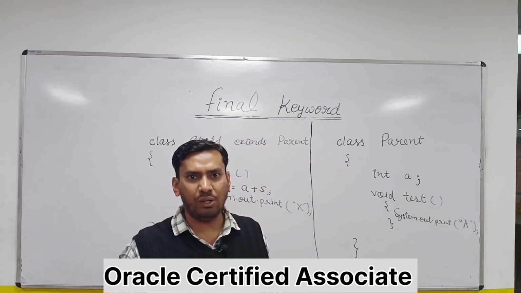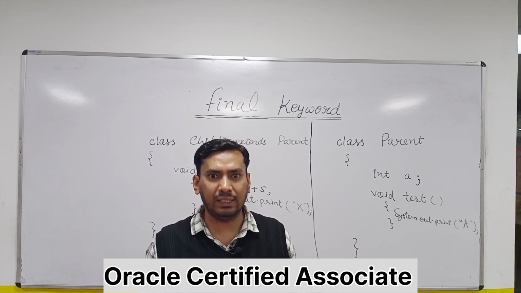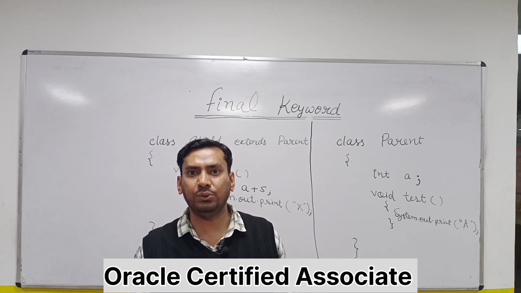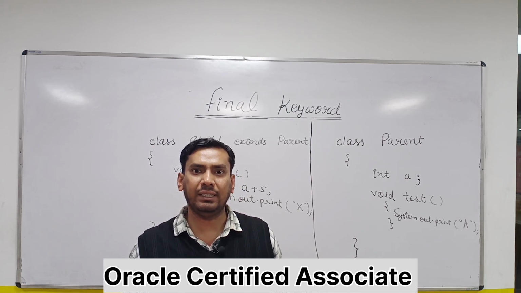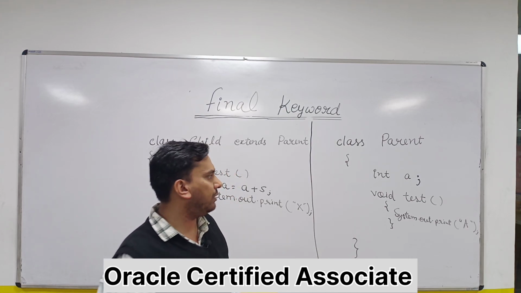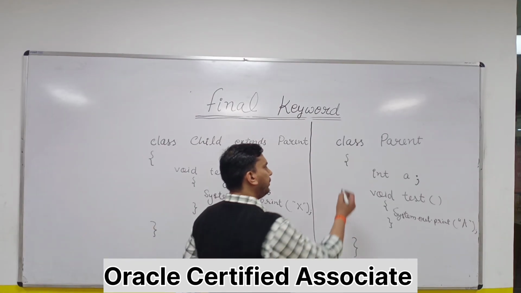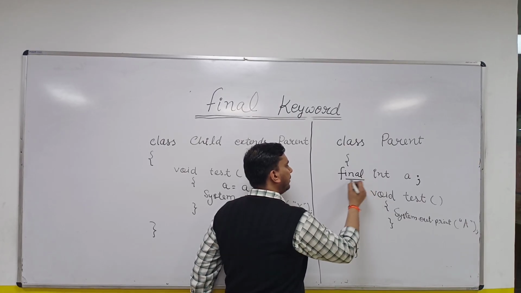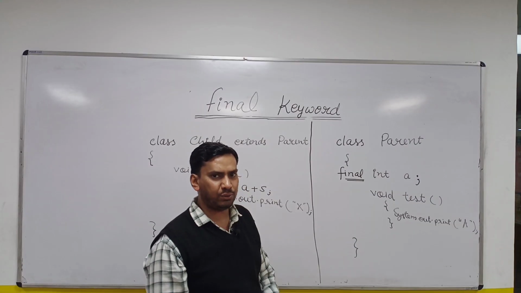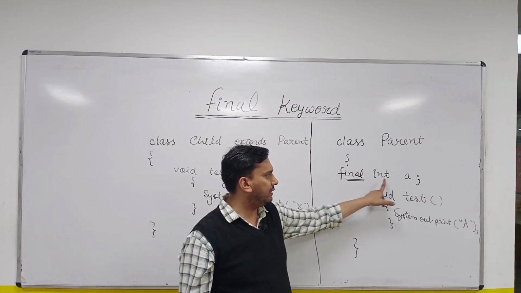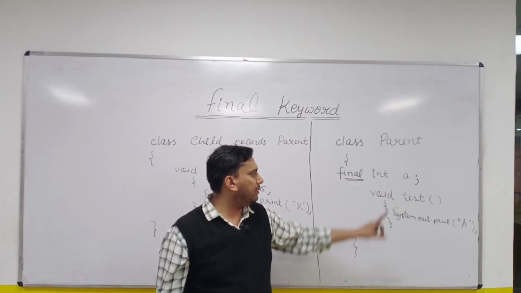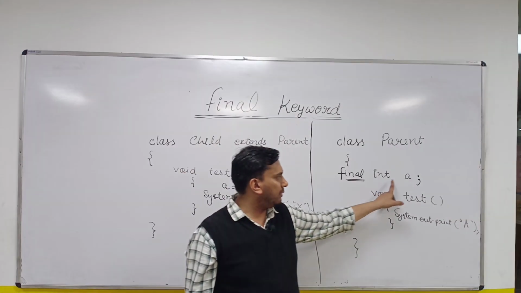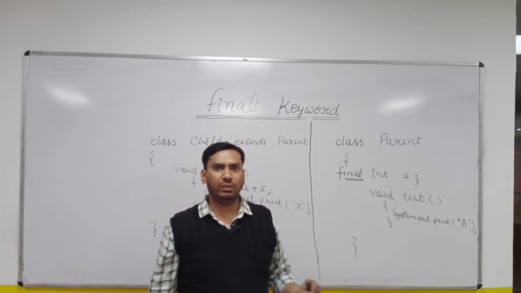In Java, although const is a reserved word, it is not used for declaring a constant. So how do you declare a constant in Java? By putting the final keyword with the data member. As soon as you put final with the data member, it becomes a constant.